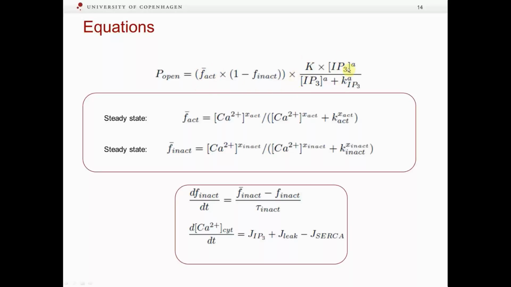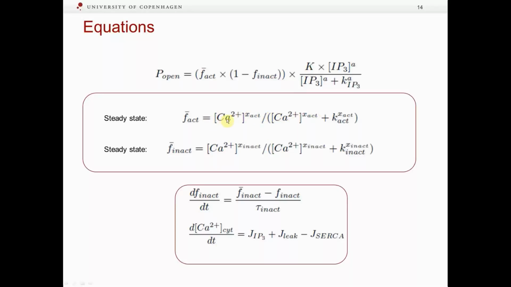These two terms here are, as I mentioned before, considered to be instantaneous. So they are described by steady state kinetics. So the probability of being occupied at the activating site only depends on the calcium concentration at any time point. It's described by this Hill type equation.